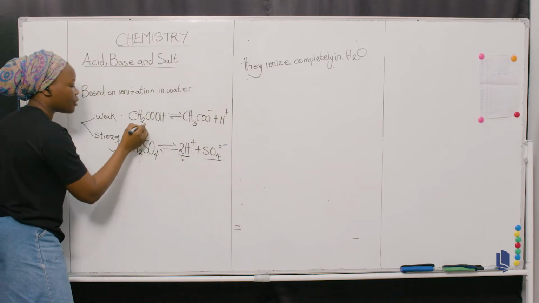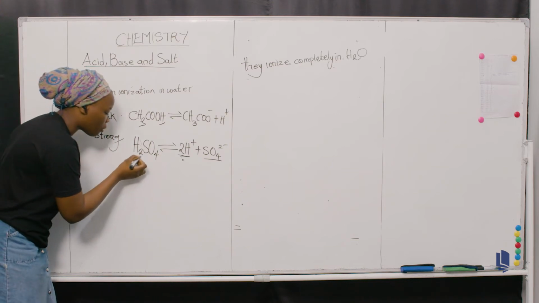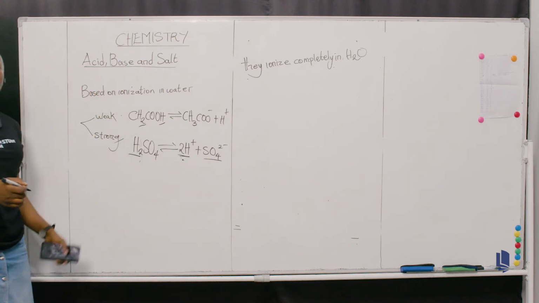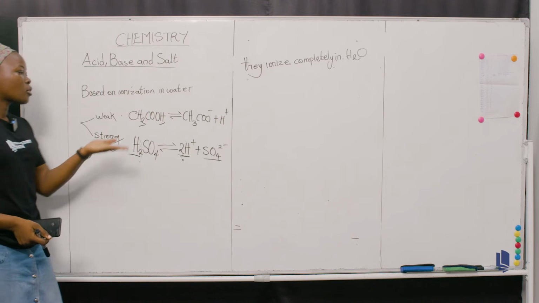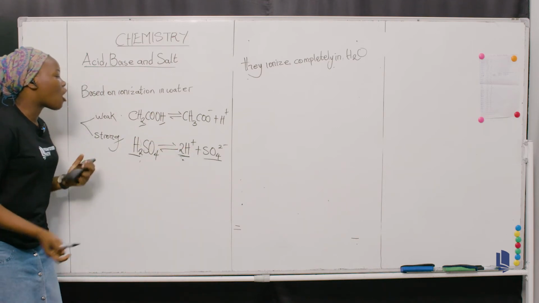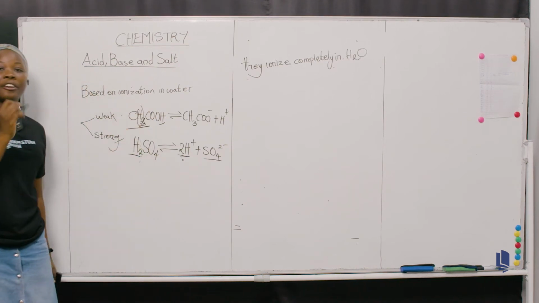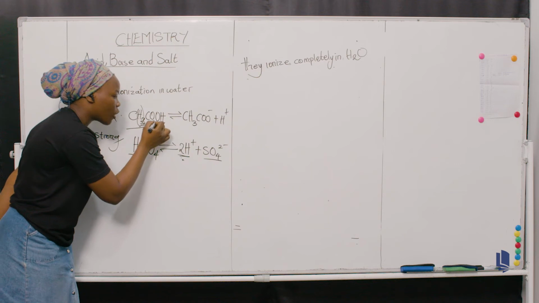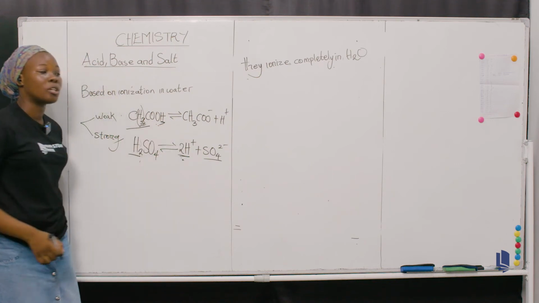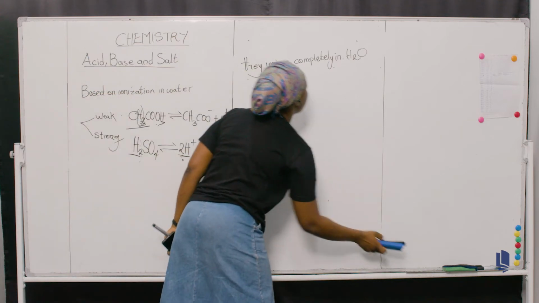Not all of the hydrogen will get ionized in water, but here all of the hydrogen gets ionized in water. Basically, organic acids are weak acids because the hydrogen of the alkyl group will not be ionized in water. Only the hydrogen of the OH bond will get ionized. Are we good on that?